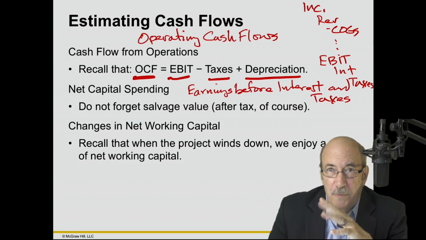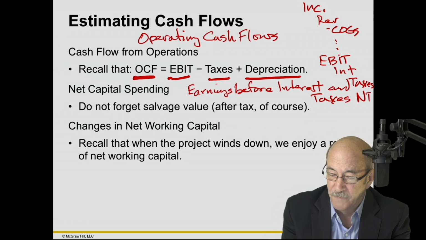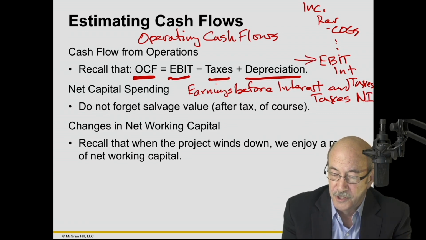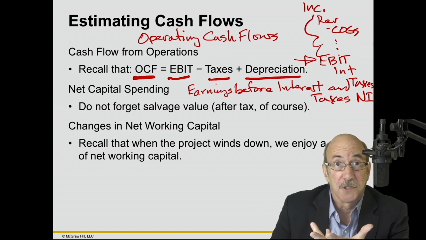So we're about midway down through the income statement. Obviously down at the very bottom we have net income. So we're pulling out this number. This EBIT has taken care of all of the costs up here associated with the actual project, the operation.